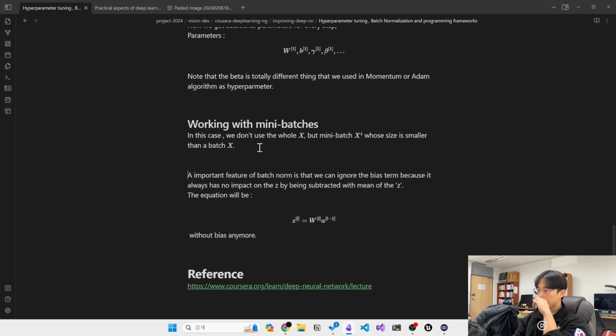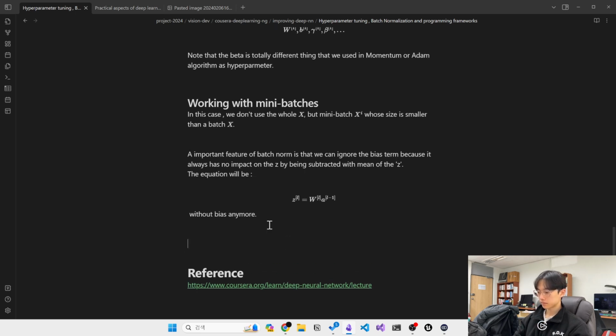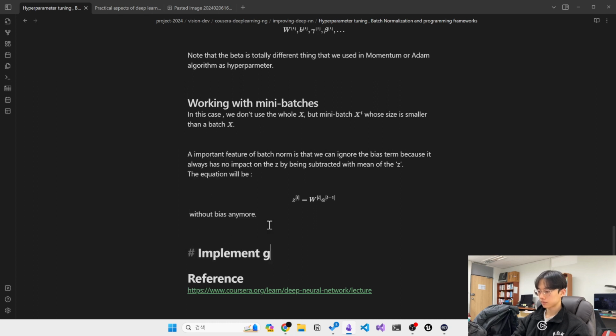So let's put it all together and describe how you can implement gradient descent using batch norm. Assuming you're using mini batch gradient descent, you iterate for t equals 1 to the number of mini batches.